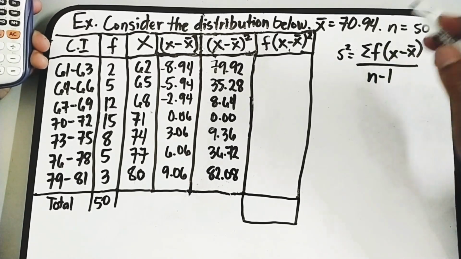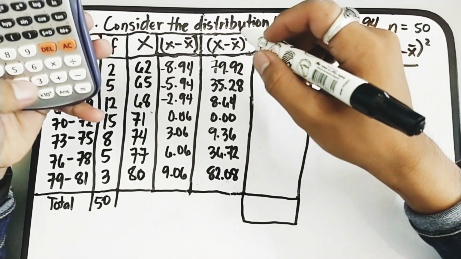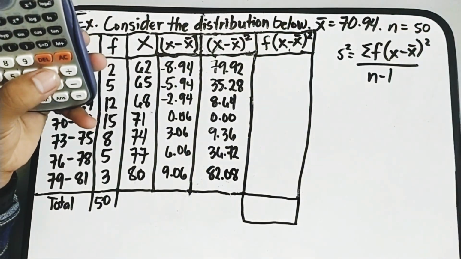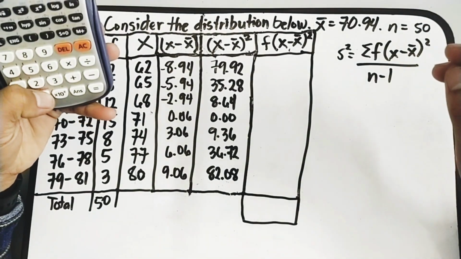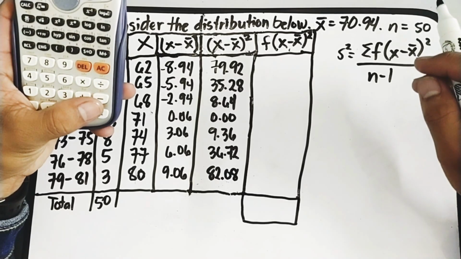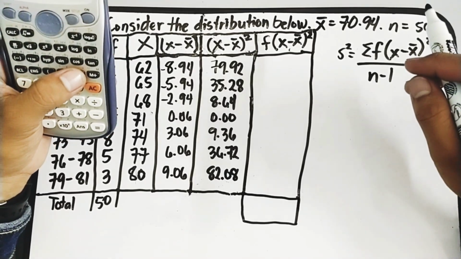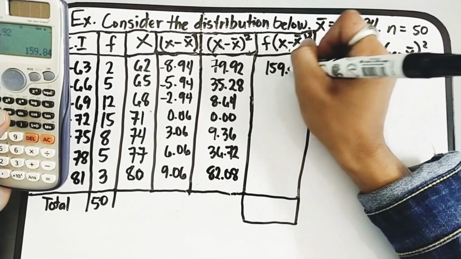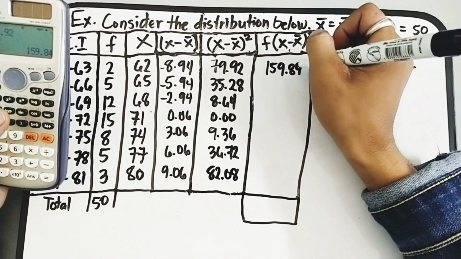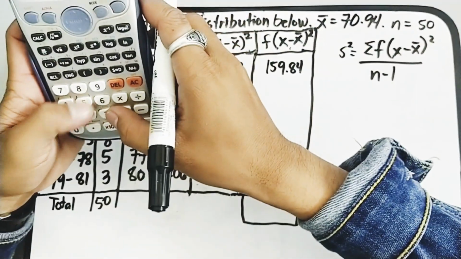So, we have now frequency, saka ito, let's compute 2 times 79.92. The answer is 159.84. Next, we have 5 times 35.28.